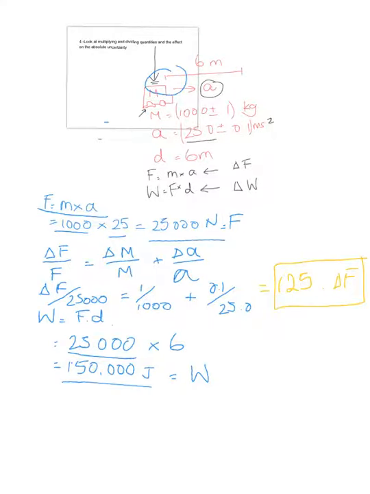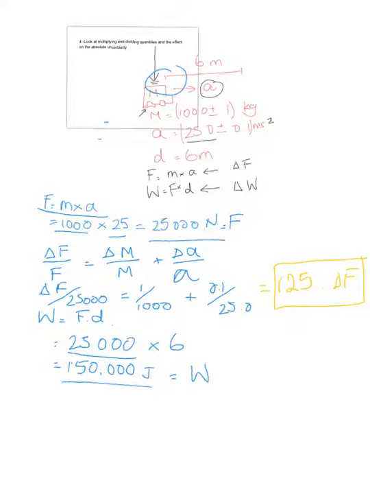Okay, so if we substitute the values in, our force is 25,000. Our delta M is 1 over 1,000 for the mass, fractional uncertainty of the mass. Then we have delta A, 0.1 over 25.